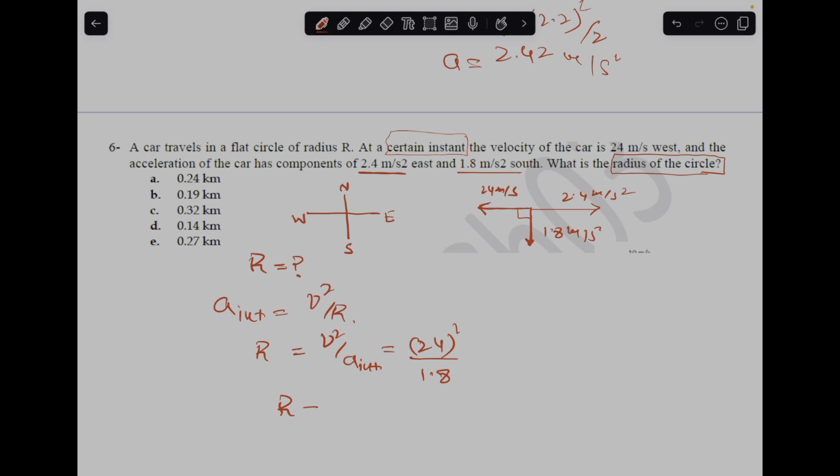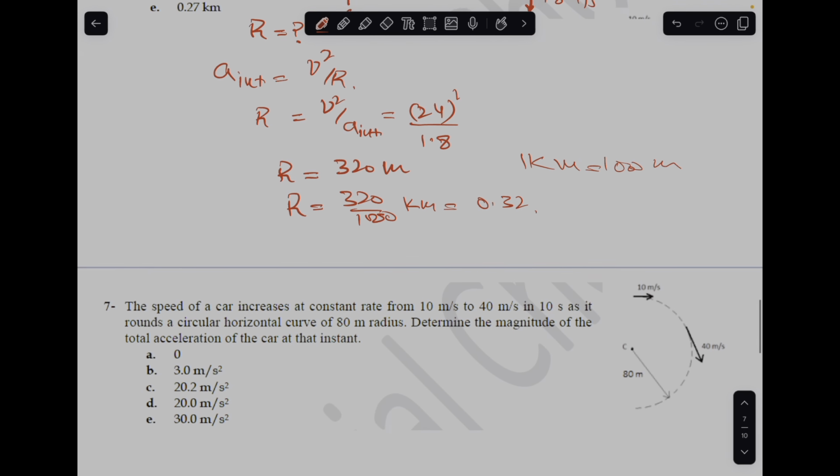So r is 320 meters, or we can divide it by 1000 to convert it into kilometers, because 1 kilometer is 1000 meters, which is 0.32 kilometers. So this is the correct answer in this problem.